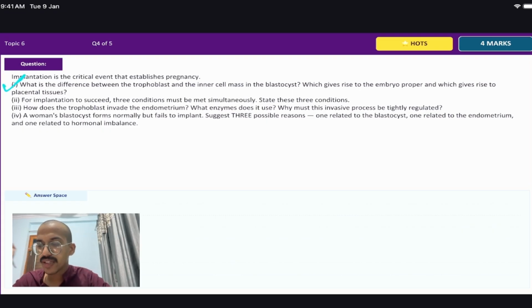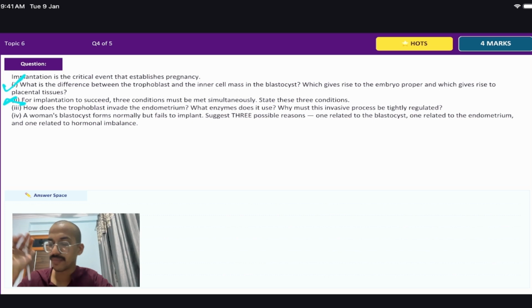Next, for implantation to succeed, 3 conditions must be met simultaneously. State the 3 conditions. That's not at your level. How does the trophoblast invade the endometrium? What enzyme does it use? Why must this invasion process be tightly regulated? Very important, but this is not in your syllabus.